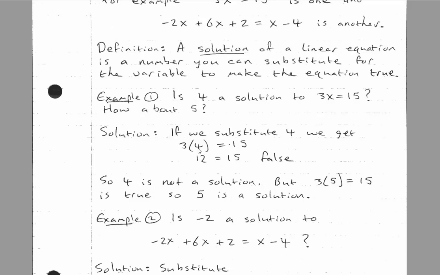But if you put in 5 for x, replace x with 5, then we get a true statement. 15 equals 15. Alright, so 5 is a good number, 4 is a bad number, so 5 is the solution.